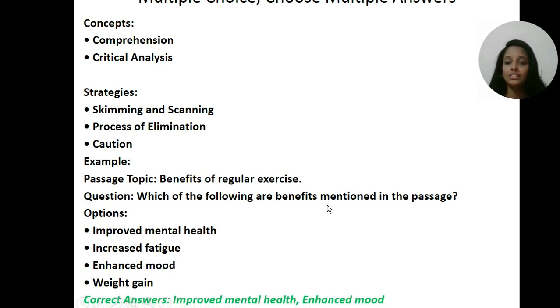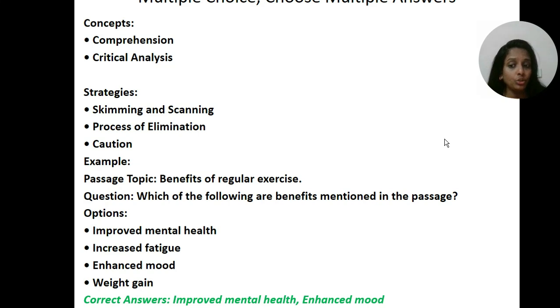So the correct answer is improved mental health and enhanced mood, because this one has multiple choice and multiple answers. So more than one answer is correct, right? Because in the passage what you have read, that would highlight positive effects of exercise, and increased fatigue and weight gain are not the benefits, right? So you have to look for that.